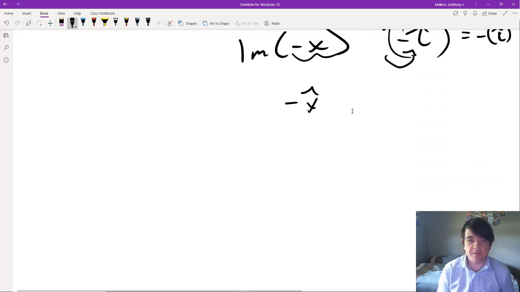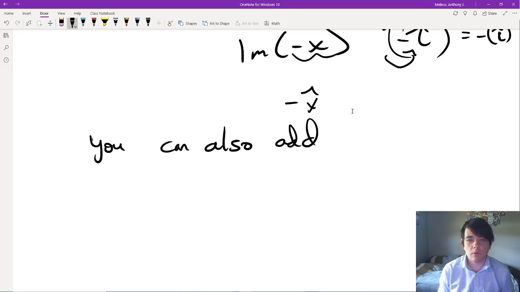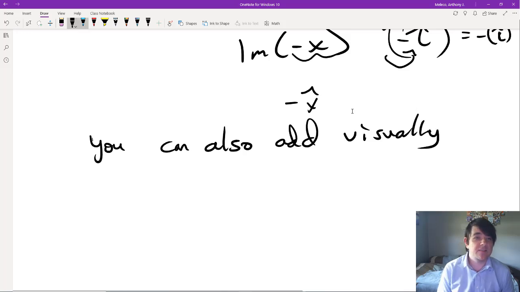You can also add these visually. And what I mean by that is this doesn't require any math, right? Here we got two vectors. Let's do it like this. So we've got two vectors like this.